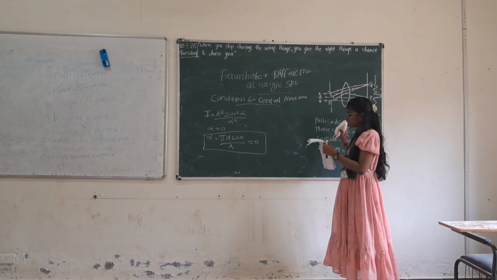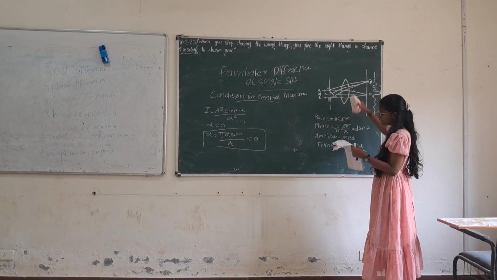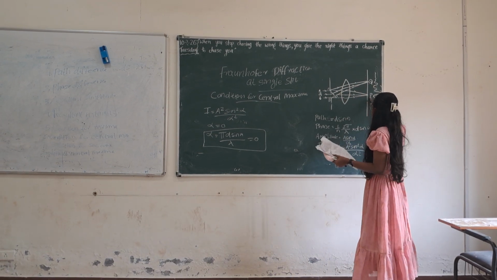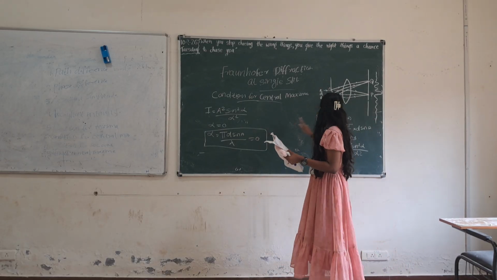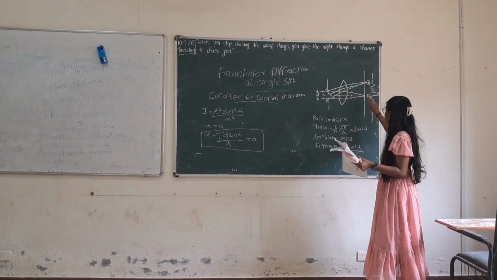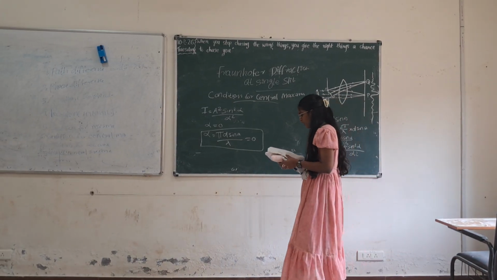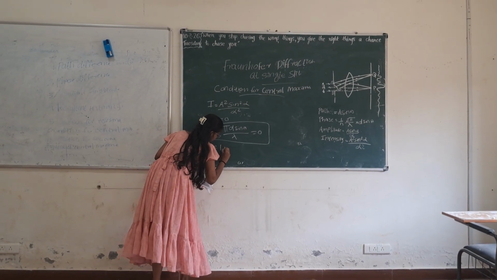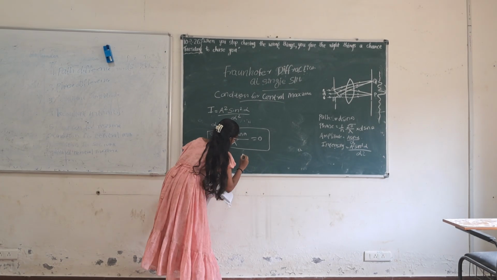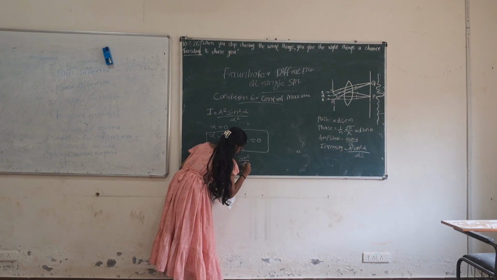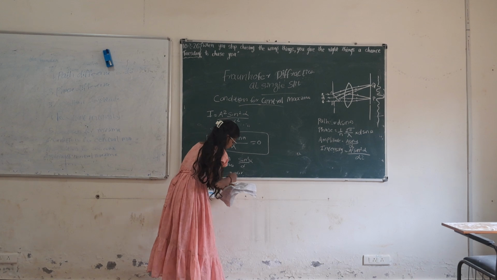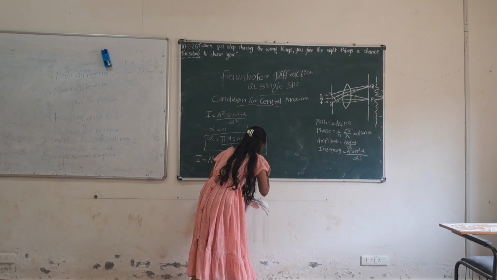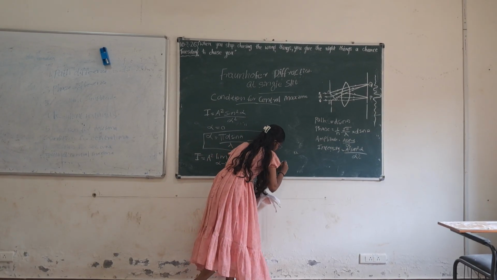When the angle of diffraction is equal to 0, waves travel along the direction of the incident wave and produce the central maxima at the point P. This is the condition for producing central maxima at the point P. We can write it as I is equal to A squared, limit alpha tends to 0, sin squared alpha by alpha squared.